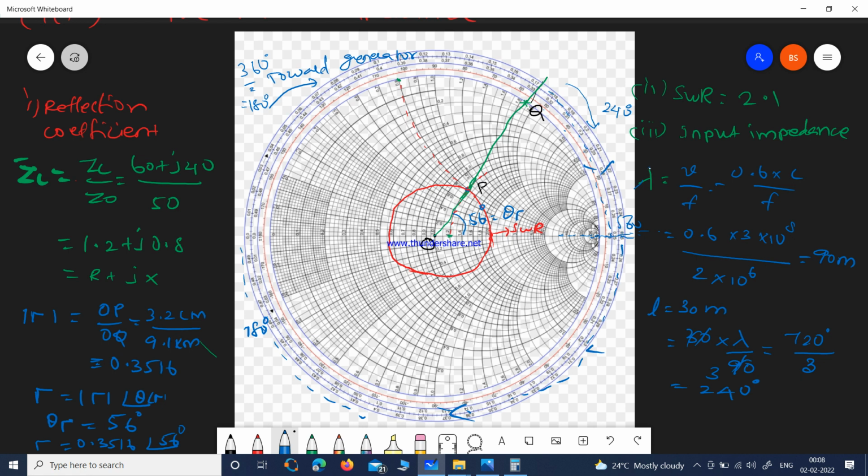So from here I need to go with the additional 4 degree. So 180 is, so 1, 2, 3, 4 degree. This 4 degree, so this point. So what you have to do, from the center point of 1.0 you need to draw a line.